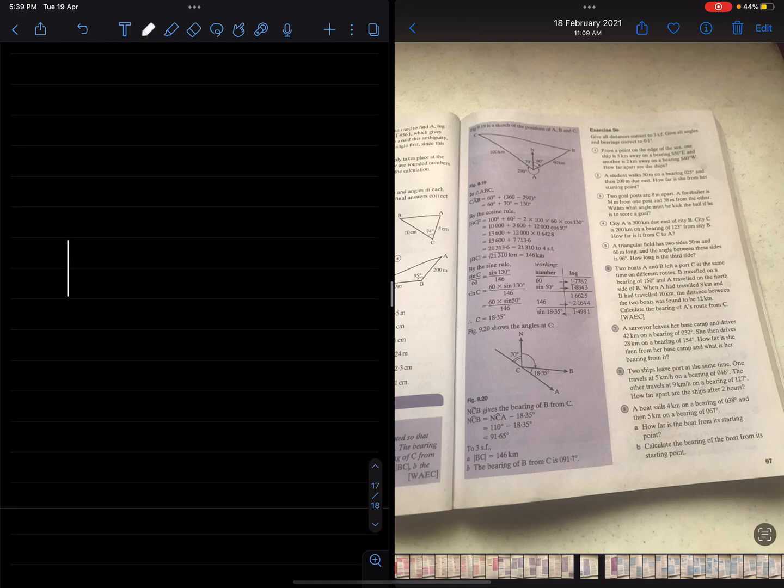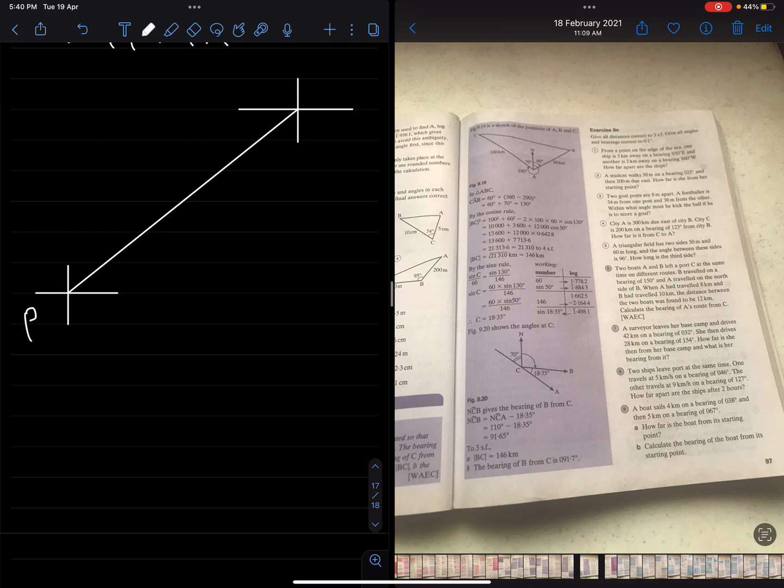If this is a point P, for example, and this is another point Q, and I join P to Q this way, the bearing of Q from P is the angle from the north pole at P to the line that joins P to Q, this angle.